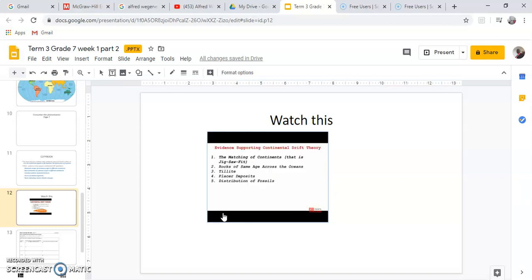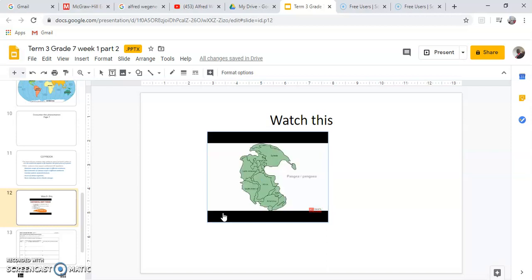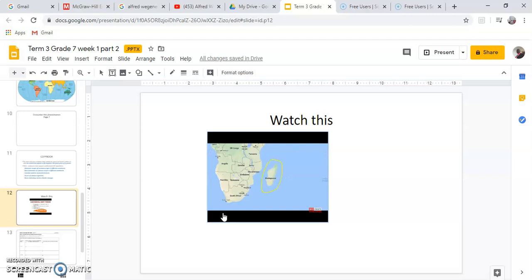The fifth and the last evidence is distribution of fossils. When identical species of plants and animals are found in different land masses, that provides a strong evidence that everything once upon a time was a single large landmass. Lemur is one such species that is very famous in Madagascar. Now, fossils of this species were also found in India.